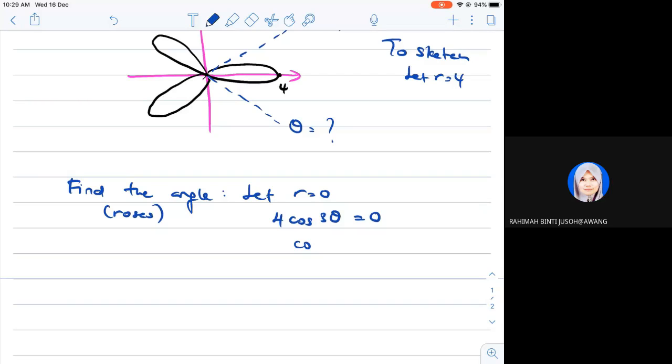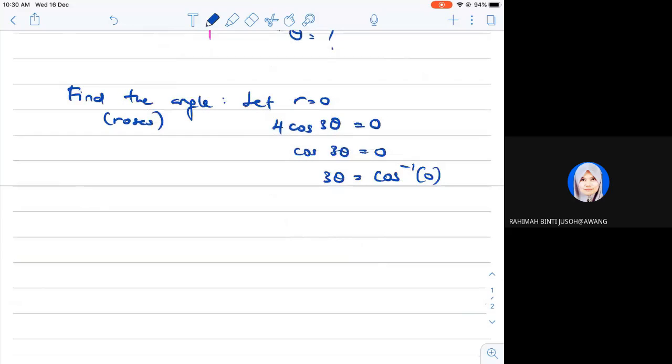Alright, so now cos 3 theta equals to 0, of course. So 3 theta equals to cos inverse of 0. If you use your calculator, you tekan shift cos 0, you will get what? How many degrees? 90 degrees, or this is equivalent to pi over 2, isn't it?